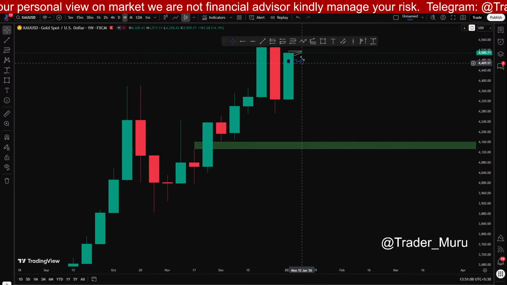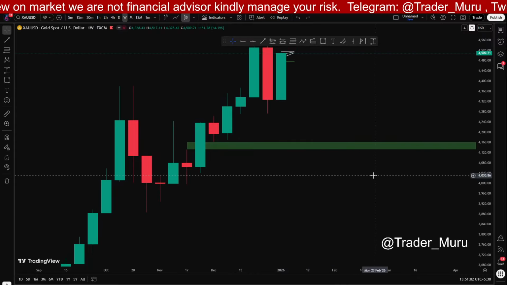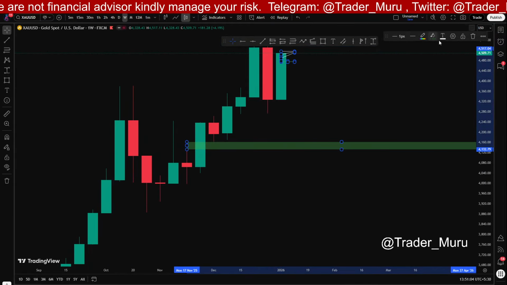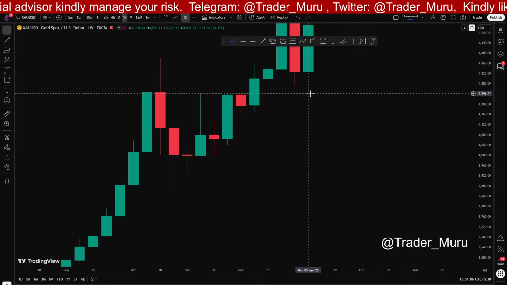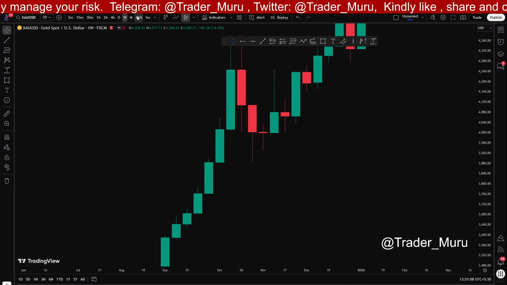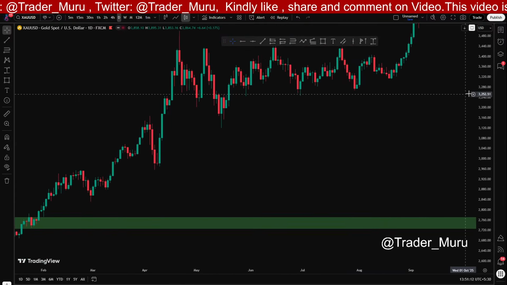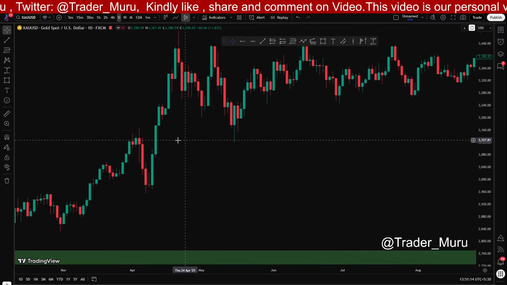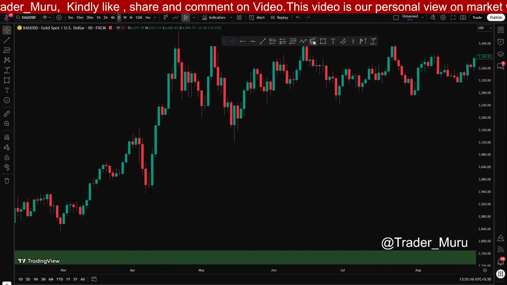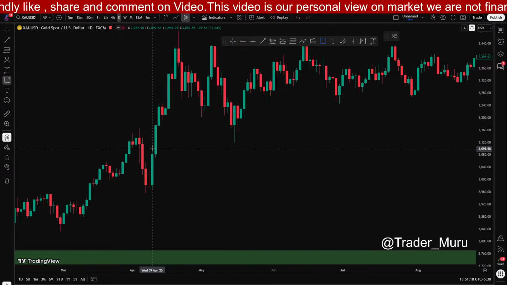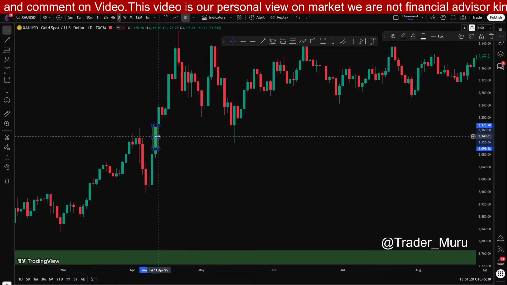Most of the time when price tests an FVG, it doesn't go below 50% of it. If you see this in daily time frame, let me show you. This is your FVG. Price will test 50% of it and pump near 50%.